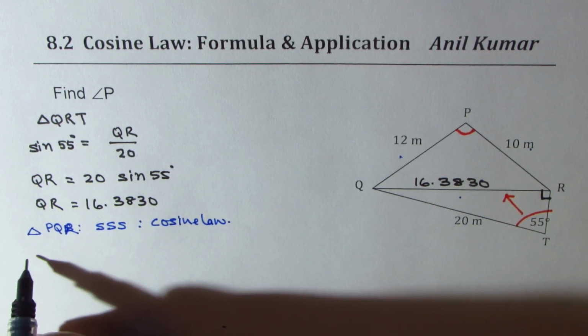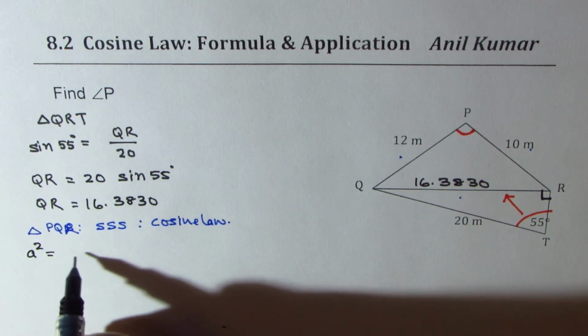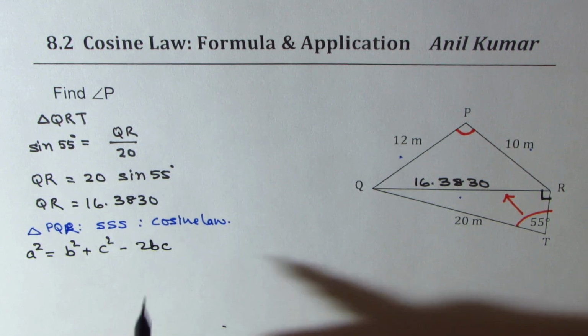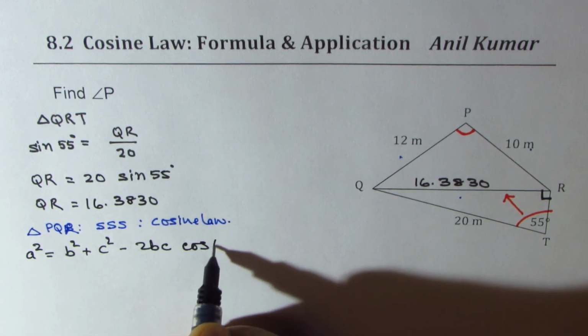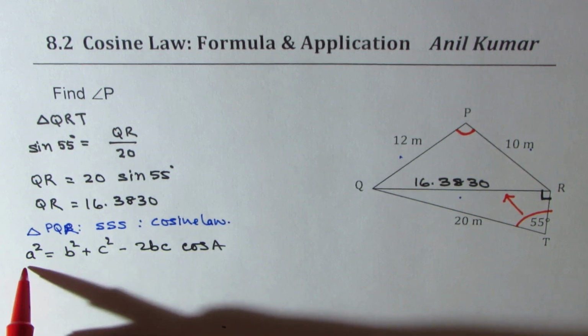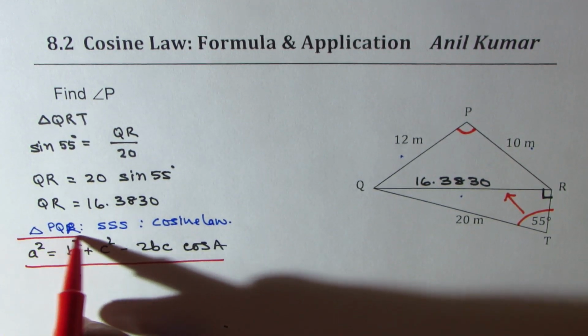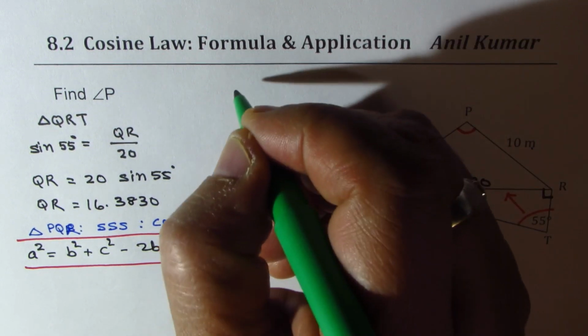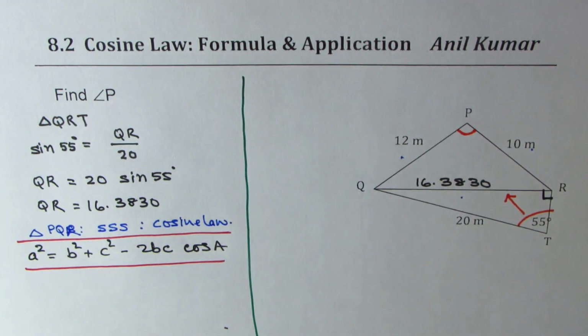We can write a square equals b square plus c square minus 2bc cos A. That's the formula which we will use. Now in our case, the triangle is PQR, so it's good to write in terms of PQR, correct?